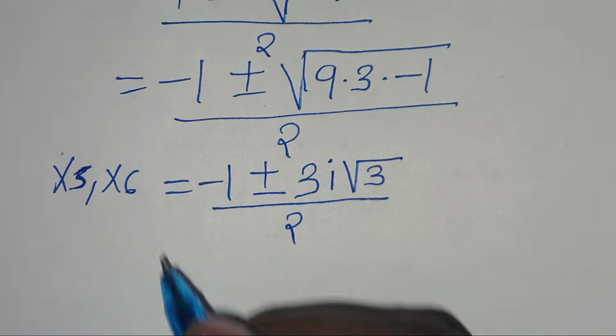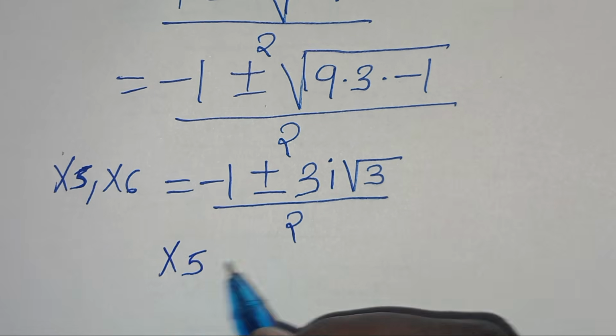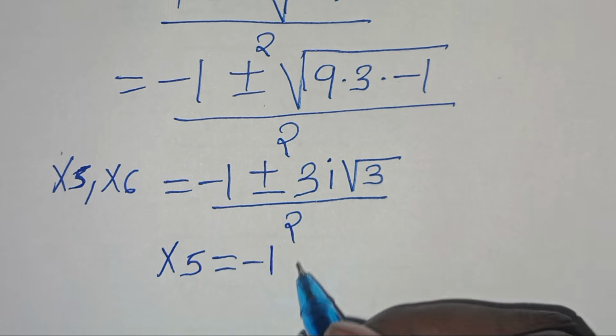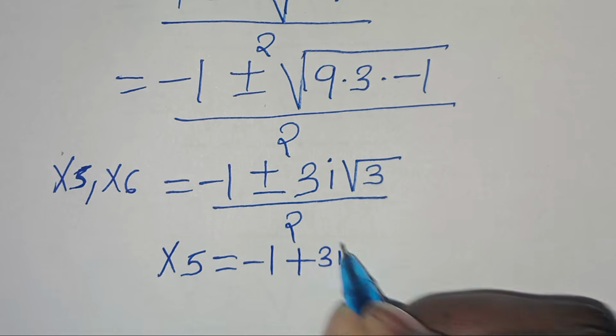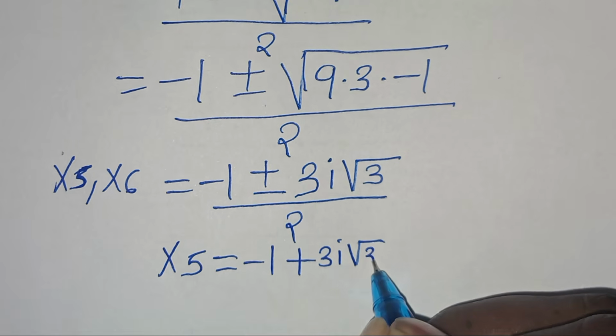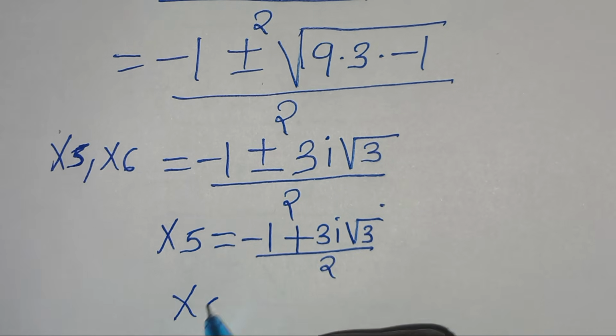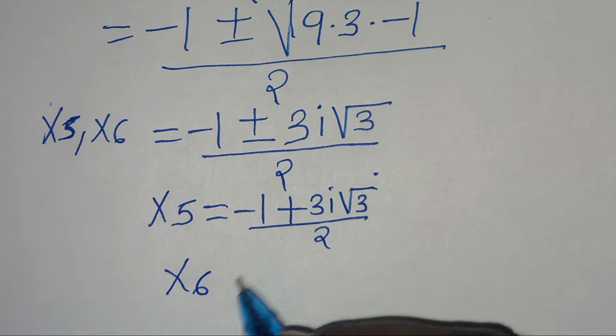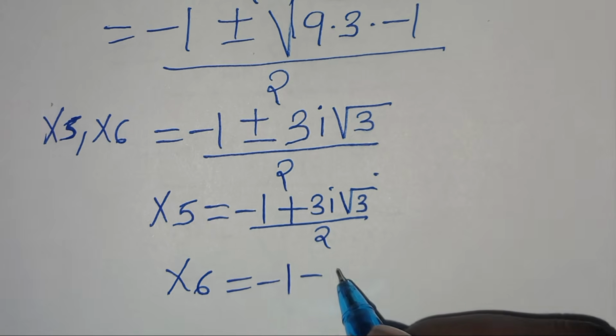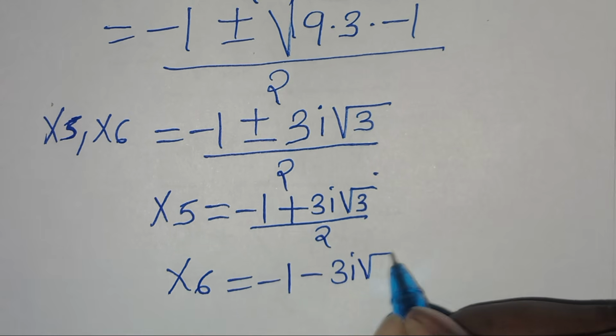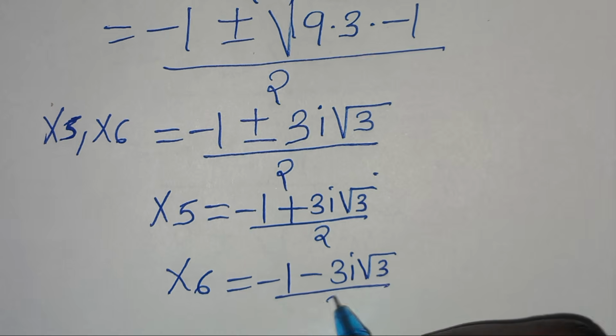So x5 is equal to minus 1 plus 3i square root of 3 divided by 2, and x6 is equal to minus 1 minus 3i square root of 3 divided by 2.